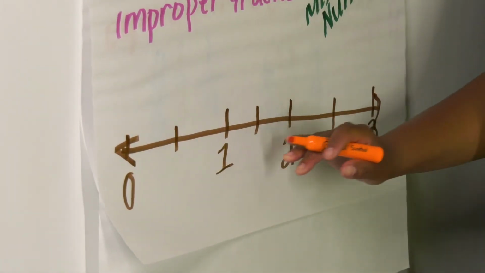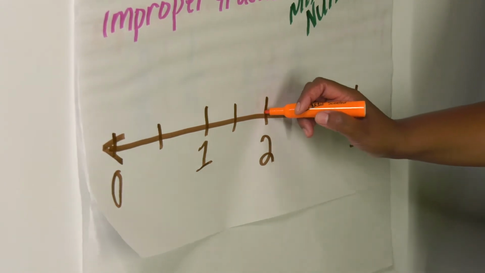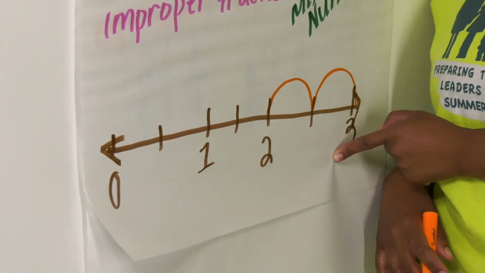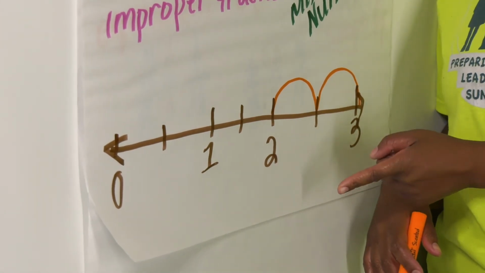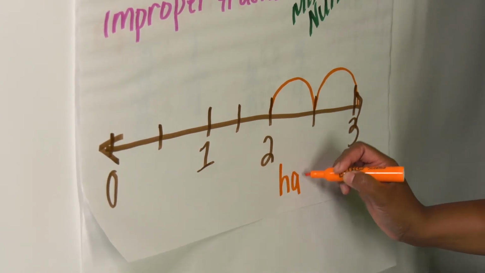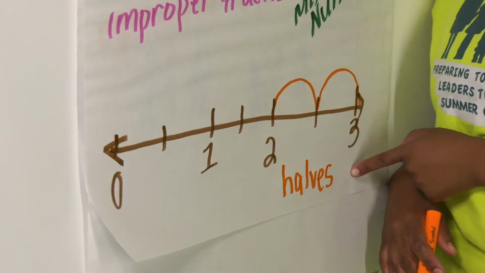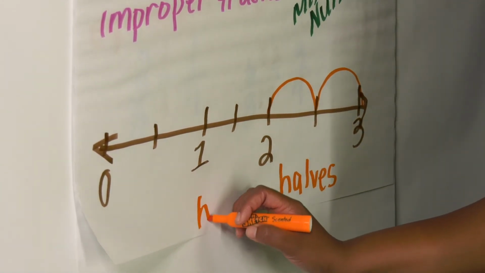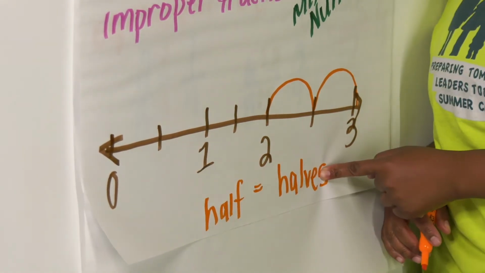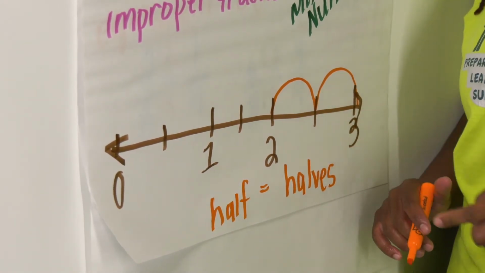It's the same. This number line is equally split. So from 2 to 3, how many hops? 1, 2. So we don't say that this is in tubes. That's not a fraction. That's not even a word. We say that this number line is in halves, and that is the plural of the word half. Singular, plural. So this number line is split into halves.